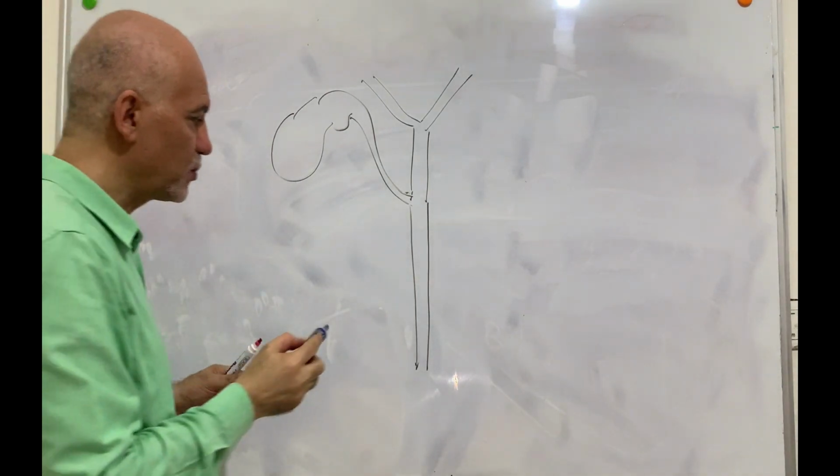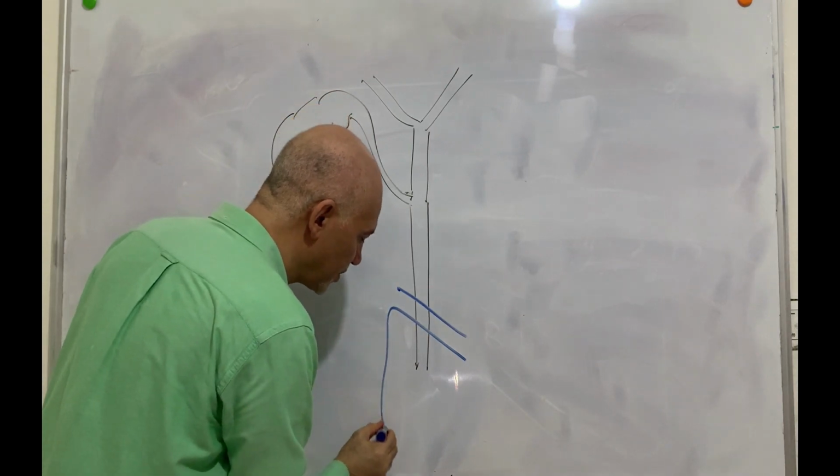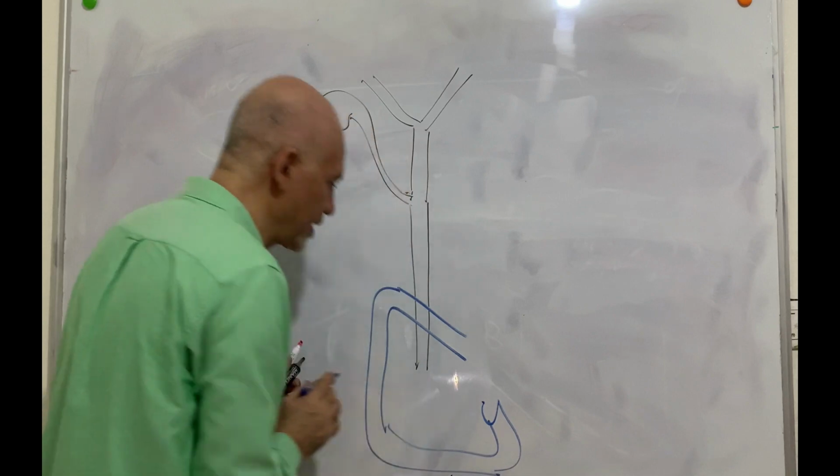The common bile duct descends. Suppose this is the duodenum, the first part of the duodenum, the second part of the duodenum, and the remaining part of the duodenum.